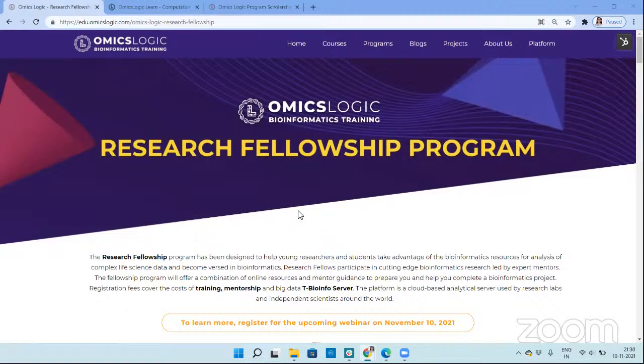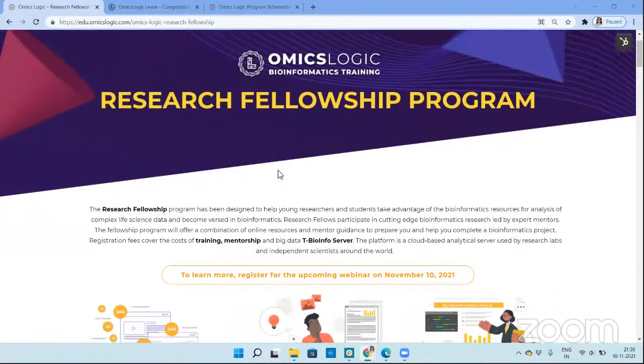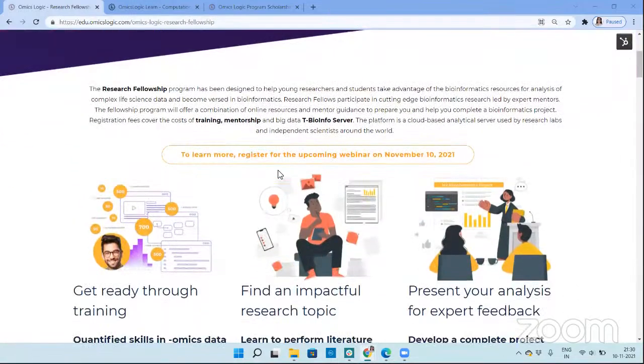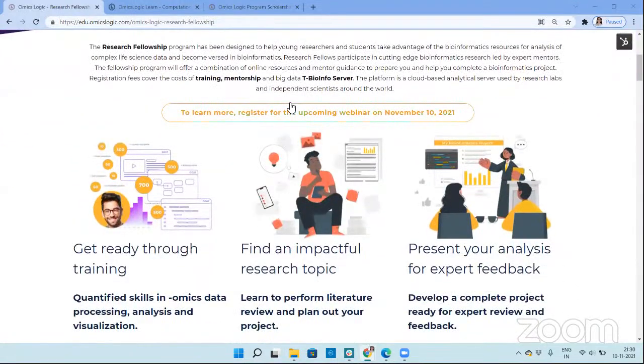Once you visit this research fellowship program page, you are going to get all the details that you are supposed to know for the program. Today we discussed these three steps in greater detail: you get ready through training, then find an impactful research topic, and present your analysis for expert feedback.